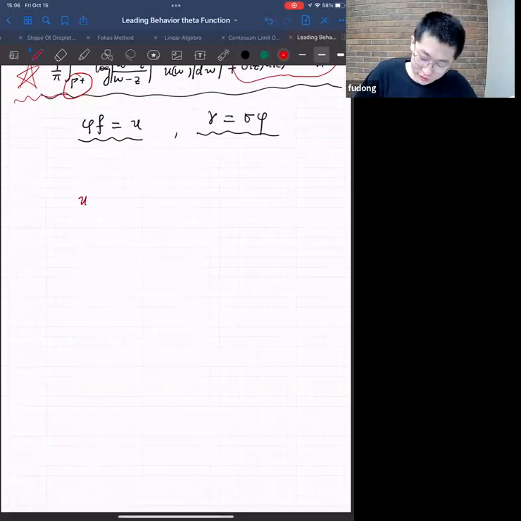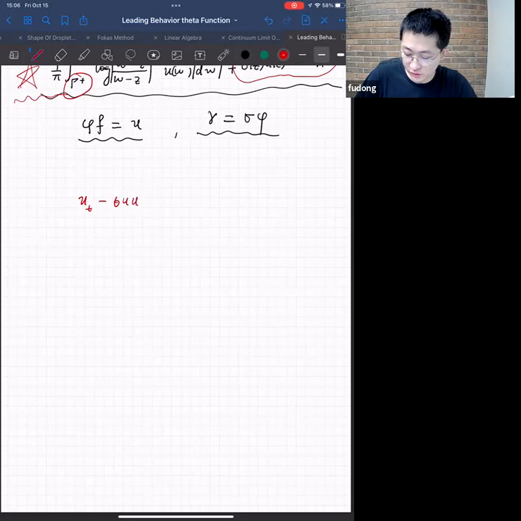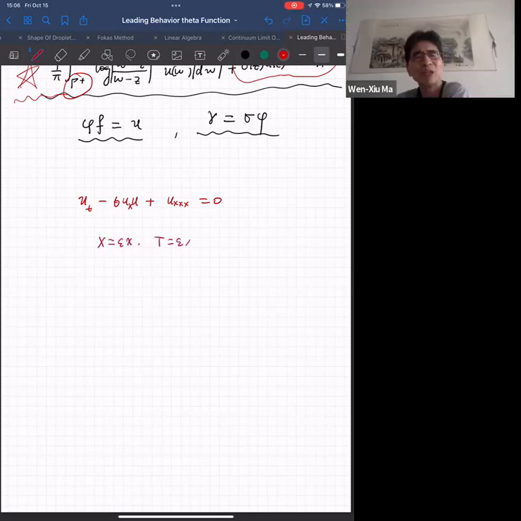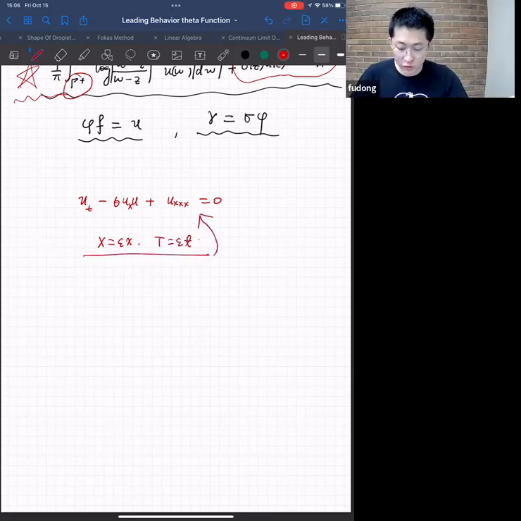So the original KdV is this, right? That's the original KdV. Then we do the modulation, and you introduce those small variables.